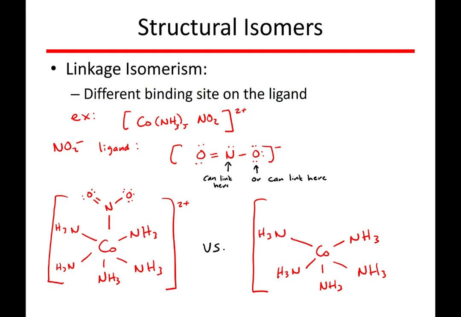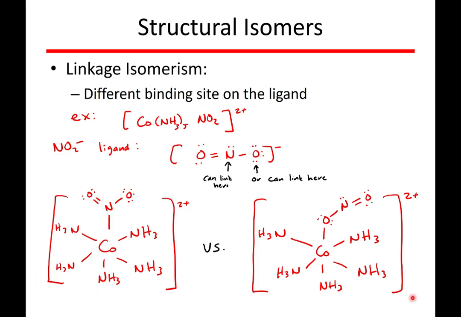And now when you attach to the NO2 minus ligand, instead of attaching at the nitrogen site, we're going to link here at the oxygen. And this is what it's going to look like. So O, and then N, and then another O. And then to complete the octet rule, we'll just do that. So that's another structure that this molecule can take.